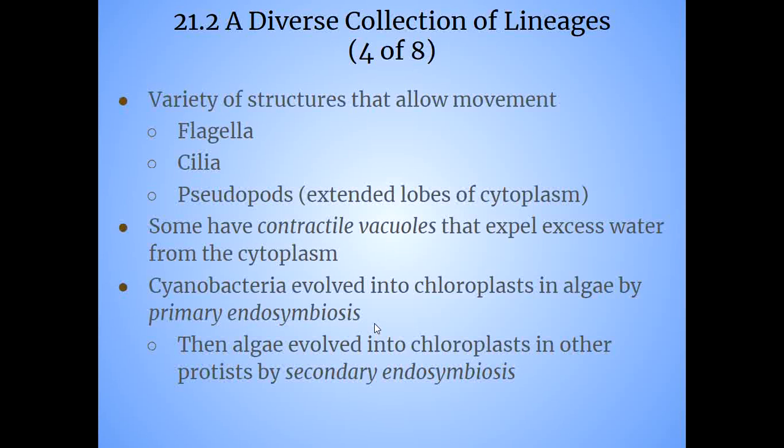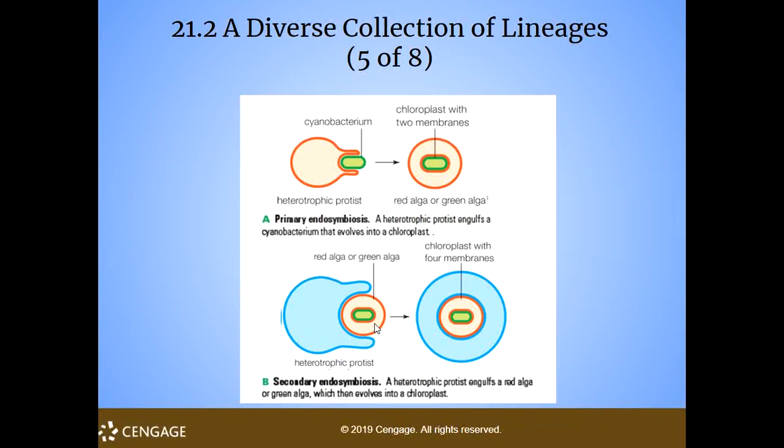And so I wanted to show you this picture right here. So this is the primary endosymbiosis. Of course, we know symbiotic relationships are typically between two organisms. But in this case, what happened was you had this heterotrophic protist, and it took in cyanobacteria through this endosymbiosis. And so basically it just took it in.